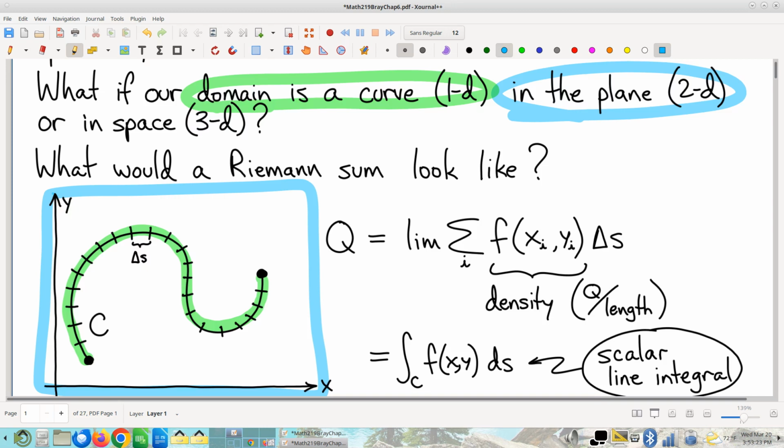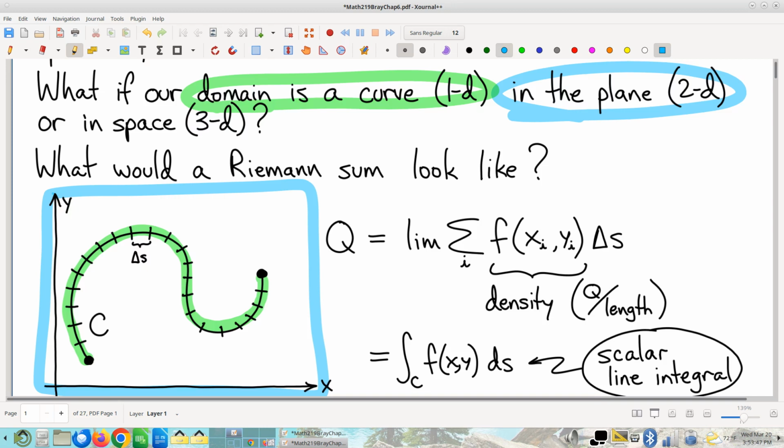Tempting then to say, okay, well, I guess it's a single variable Calc 1 integral, but no, Calc 1 never addresses any questions about curvature. What if the domain is curving around in space? It doesn't address that at all. So this is a situation that we have yet to entertain.